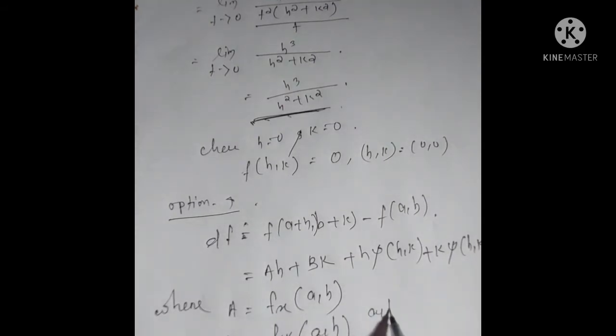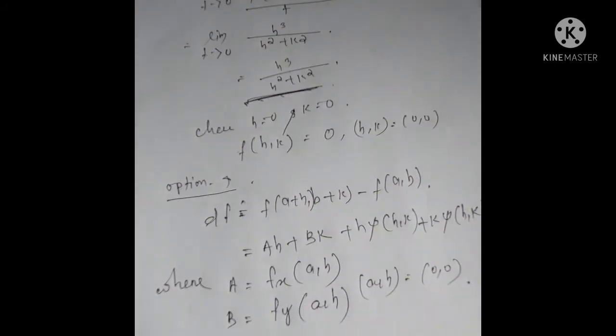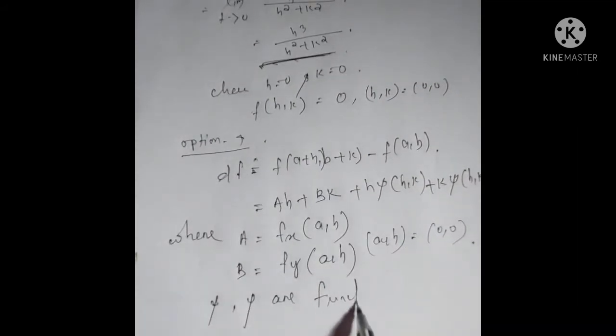Here the point (a,b) is the origin, and φ and ψ are functions of (h,k) tending to 0.